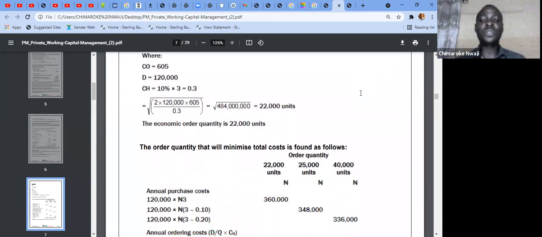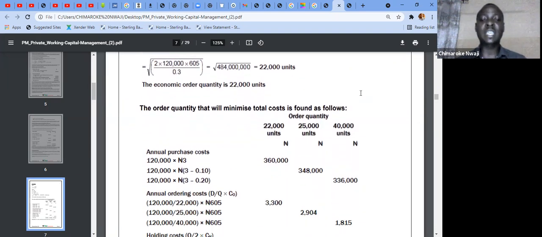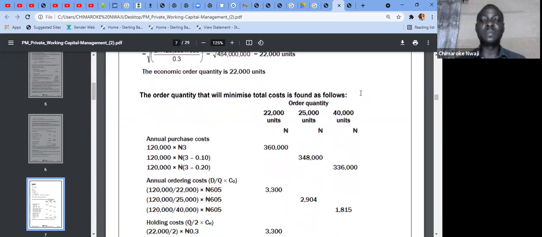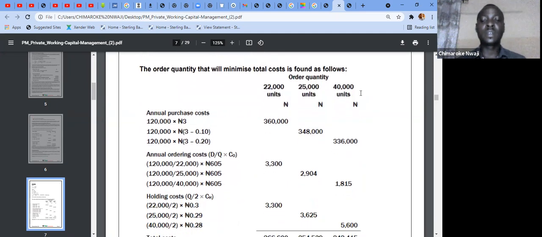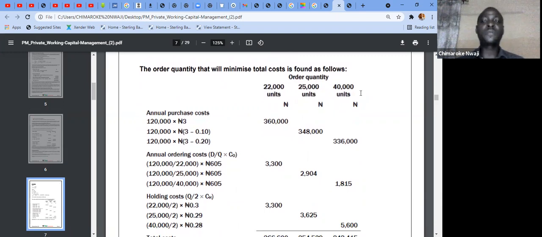All right, now you have three decisions to make. You have 22,000 units from EOQ, 25,000 units for the first discount offer, and 40,000 for the second discount level.